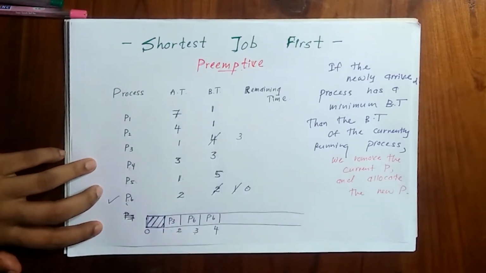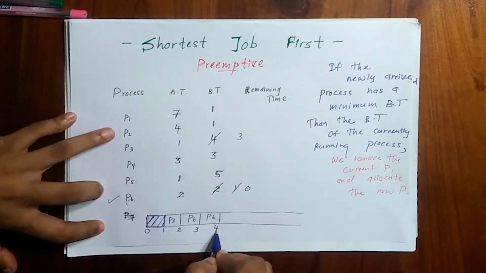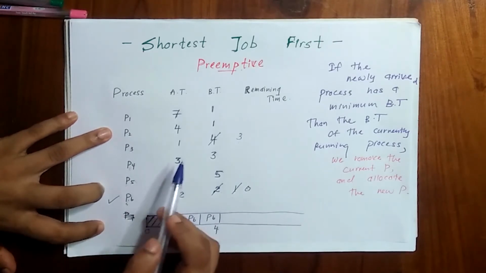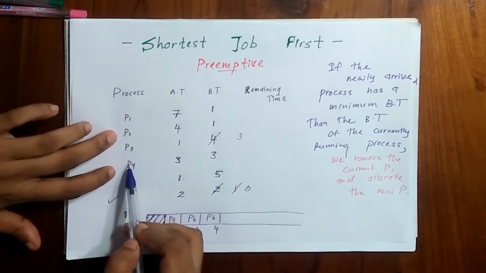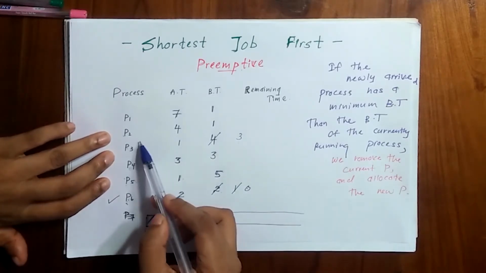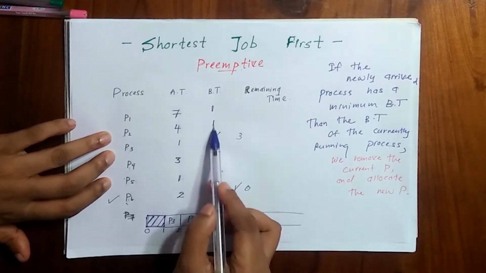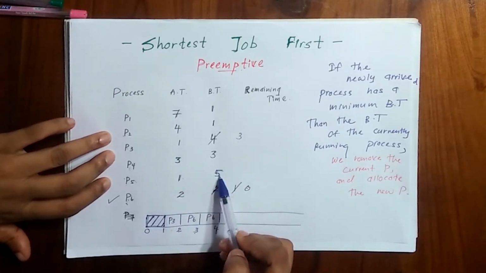Now within these 4 seconds, you can see P2 also arrives. So now we have P2, P3, P4 and P5, all these 4 processes. We have to select the minimum burst time from 1, 3, 3 and 5.